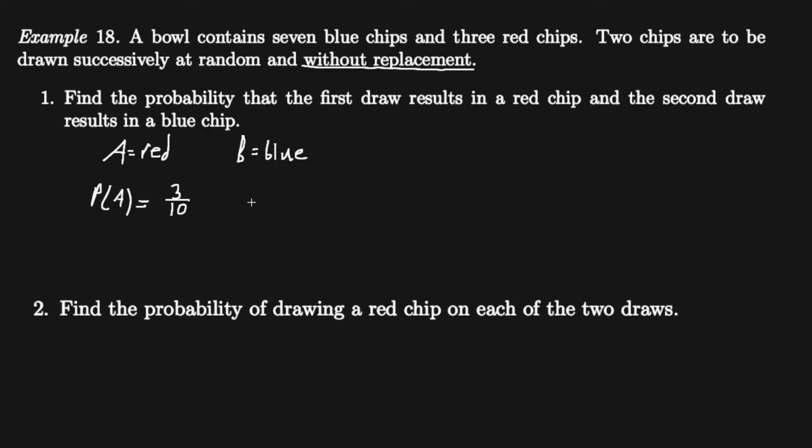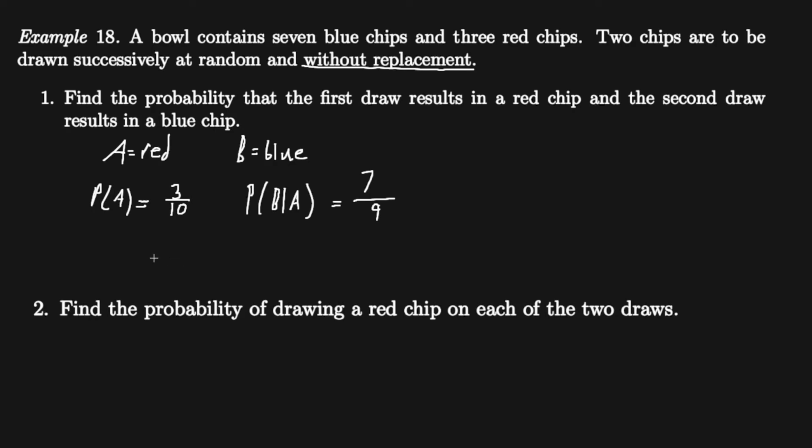So we are given that the first is red, so this is the probability of B given A. We know the denominator would be 9 because without replacement, when we take the first draw, we would not drop it back in the jar. So the denominator would be 9, and the numerator would be the blue chips, and we know that there are 7.